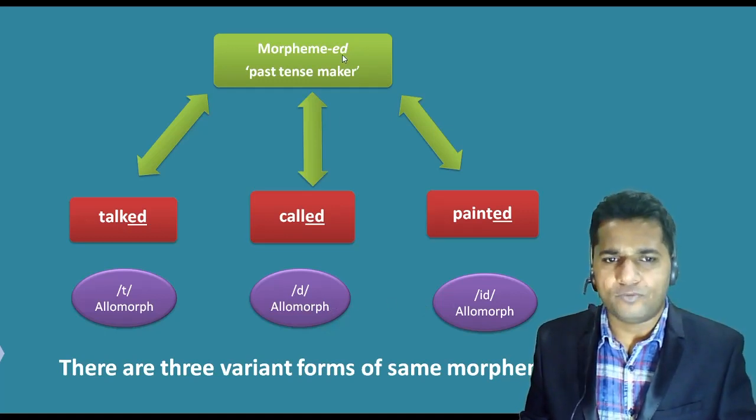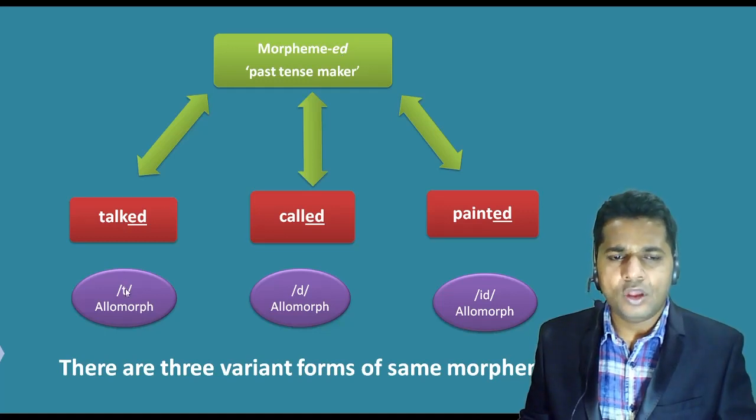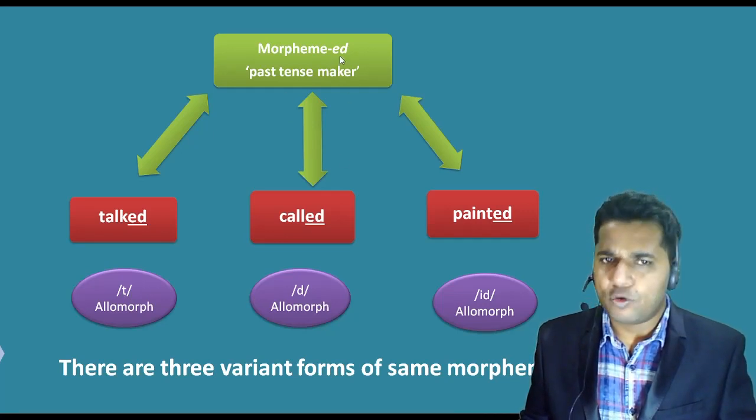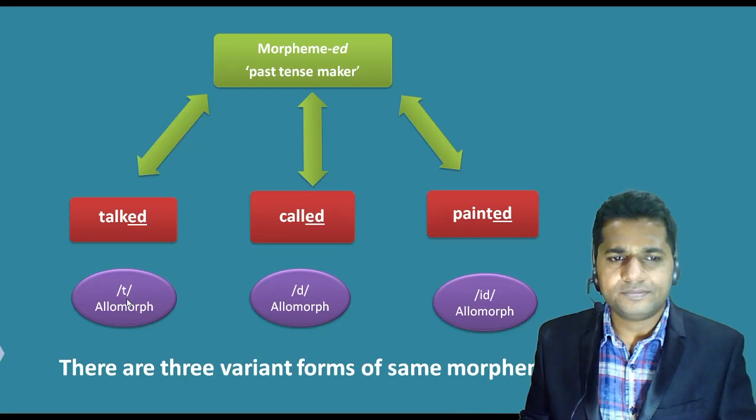That's a bound morpheme. So these three, T, D, ID, are allomorphs of the ED morpheme. So they are called allomorphs. You can say the family of a morpheme are called allomorphs.